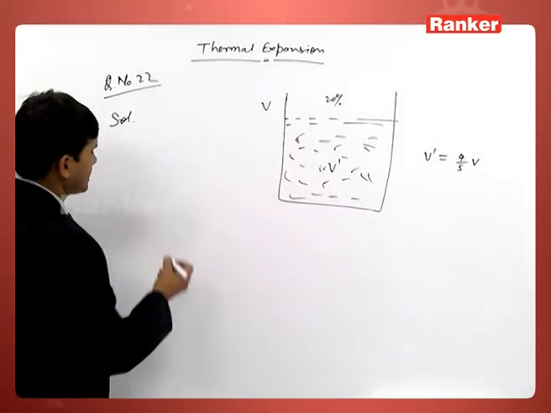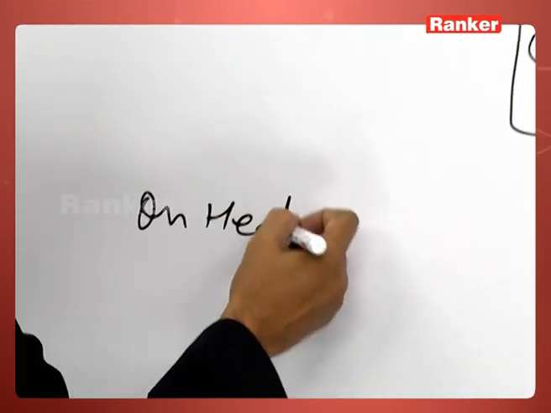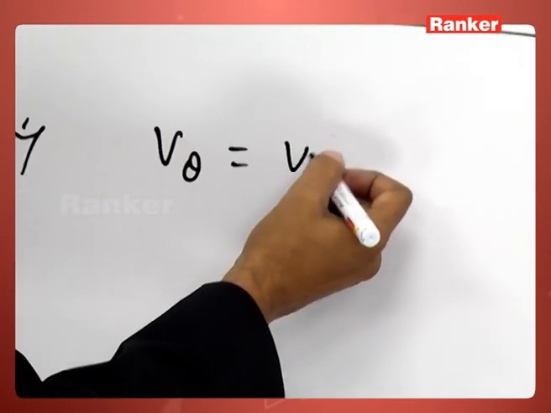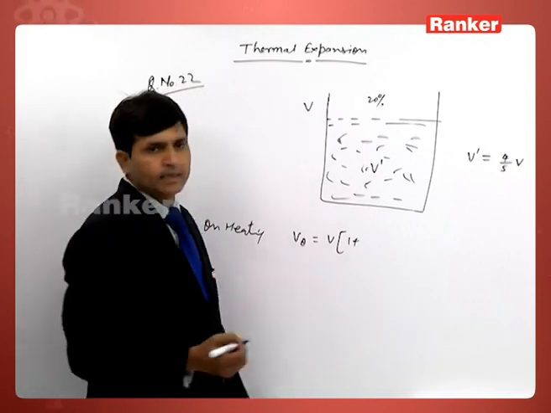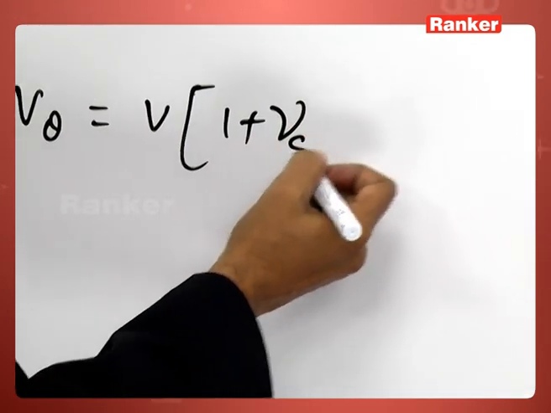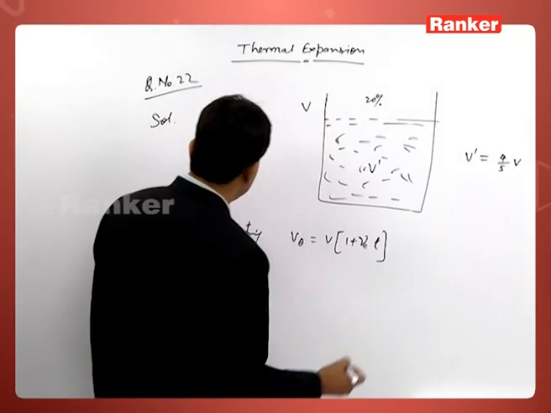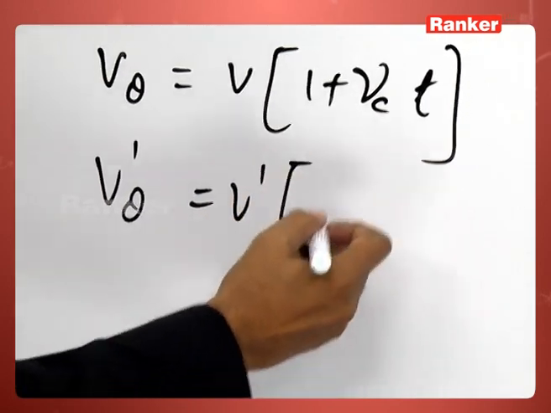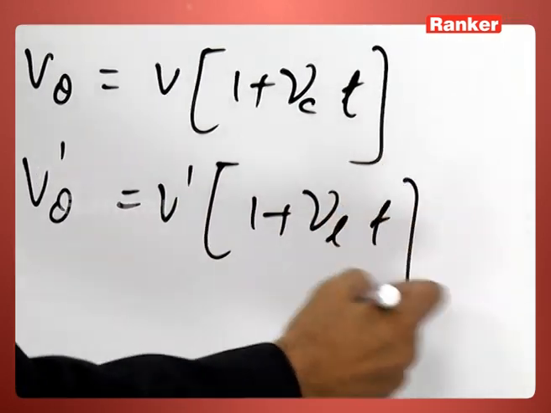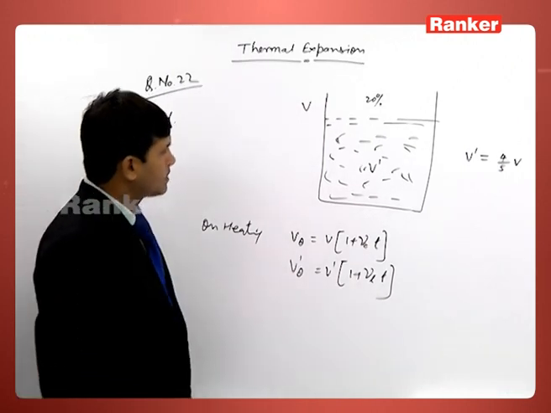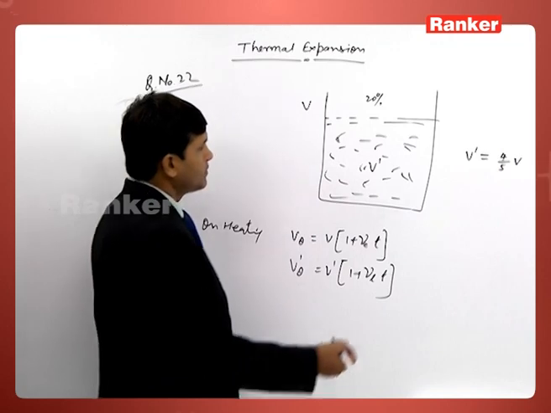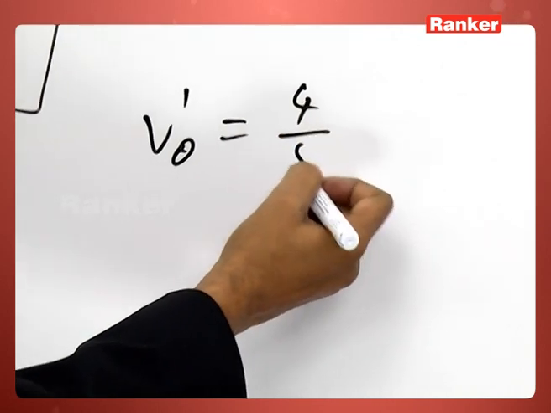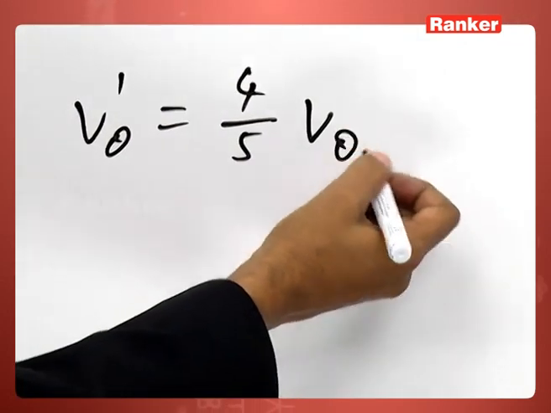Now on heating, V theta is equal to V into 1 plus gamma of container into T, and V dash theta is equal to V dash into 1 plus gamma liquid into T. What is given further is that V dash at theta always remains as 4 by 5 V at theta.